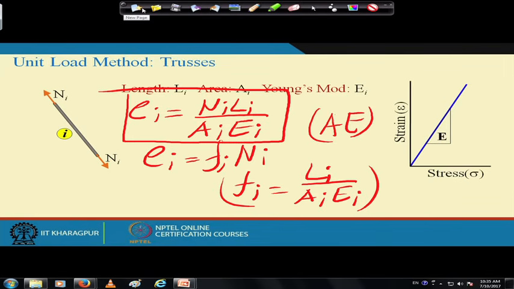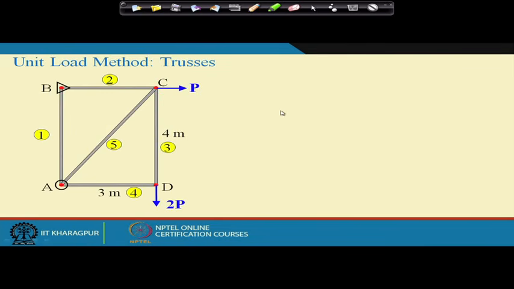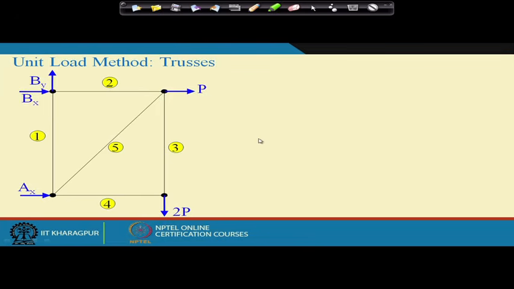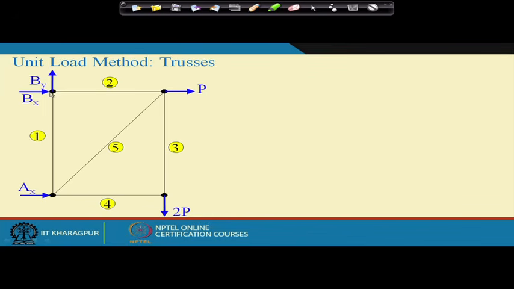Now, great. So, what we do next is, suppose this is a truss. These are the members 1, 2, 3, 4, 5. This is a statically determinate truss, and what we first construct is the force field. Now, suppose these are the reactions, and these are the external forces.